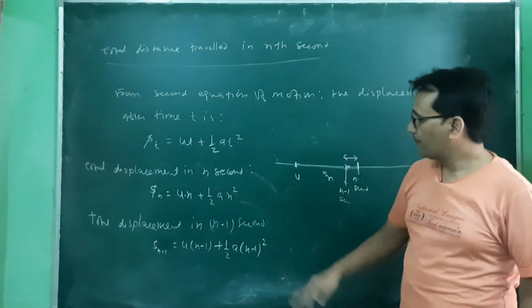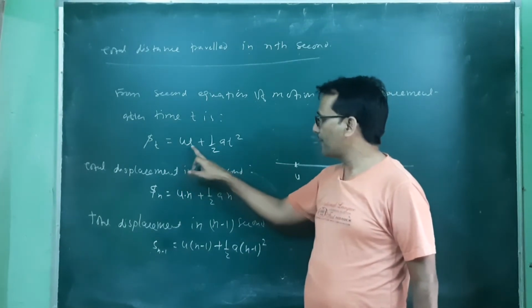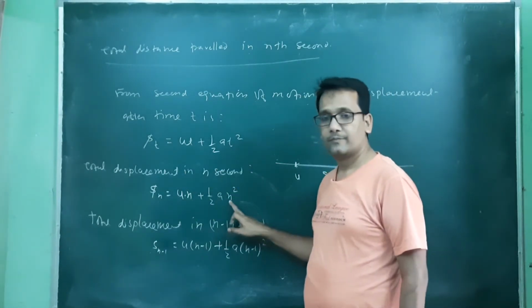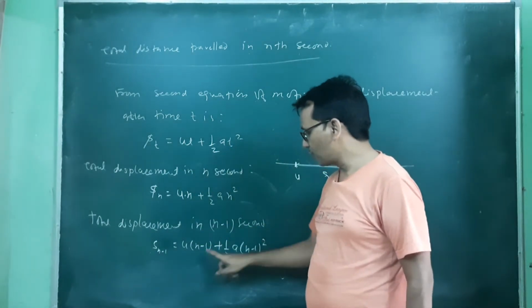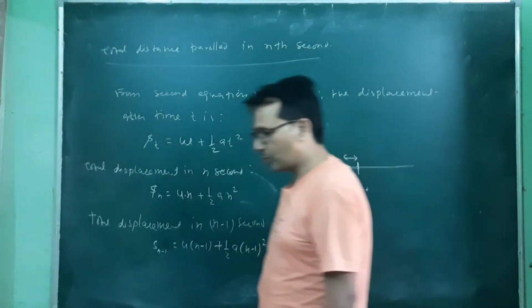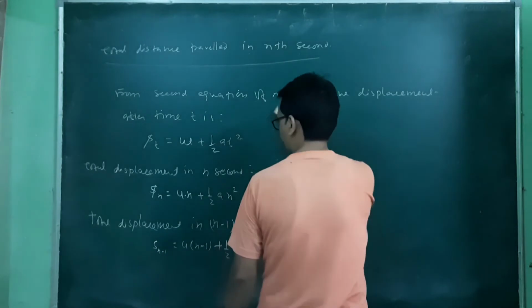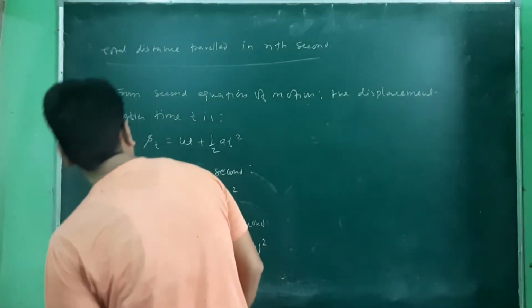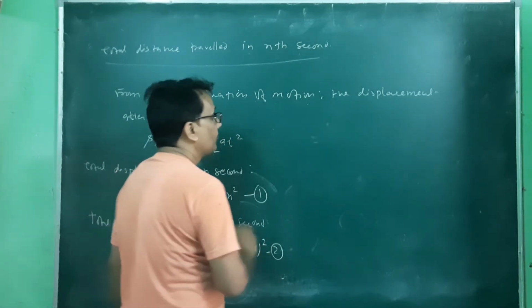So in the first case, at time t, this is the formula. In n second, we will replace this t by n, and in n minus 1 second, we will replace this t by n minus 1. So this is n minus 1, this is n minus 1. So the total distance traveled in the last second, in nth second. This is equation 1, this is equation 2.